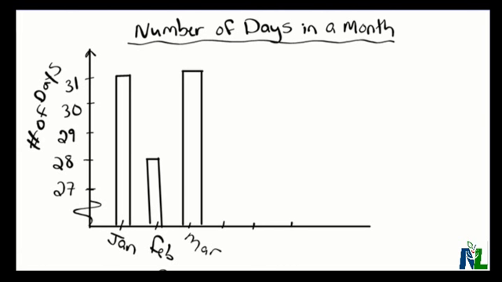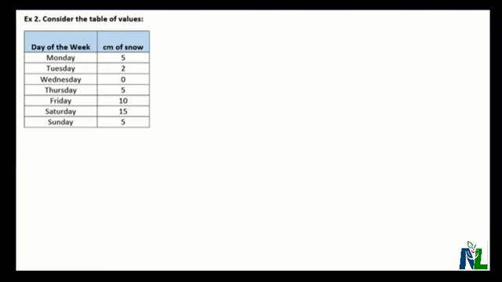relation. We could go again and show the same relation using an arrow diagram. And an arrow diagram just shows how these are related.